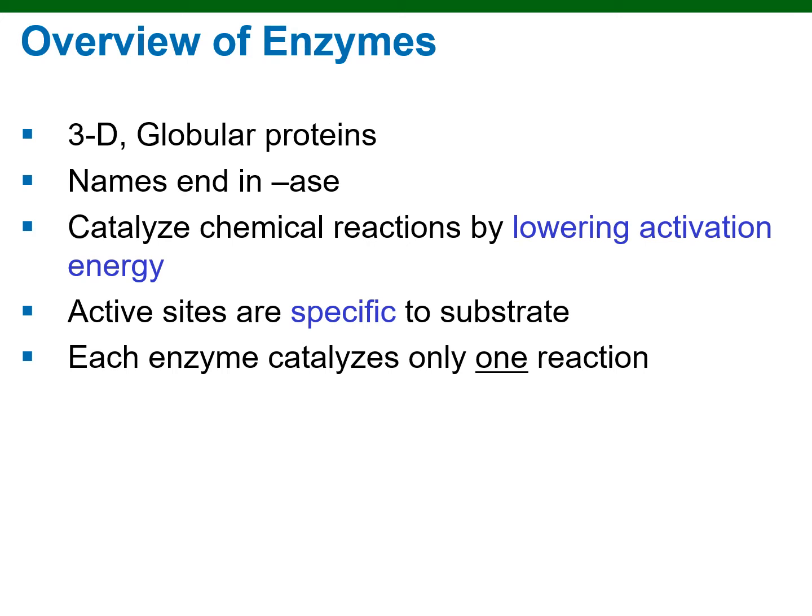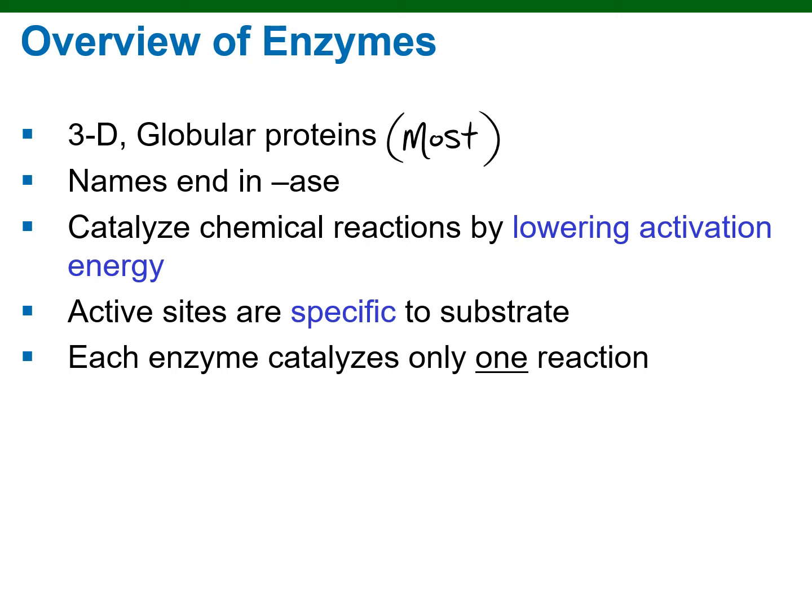And we say that each enzyme catalyzes only one reaction. And these are basic rules that we can apply to enzymes as a beginning understanding. There are some exceptions to these rules that have been laid out. For instance, some enzymes are not protein-based and can be RNA-based, but we can say that the vast majority of enzymes do have a protein structure.